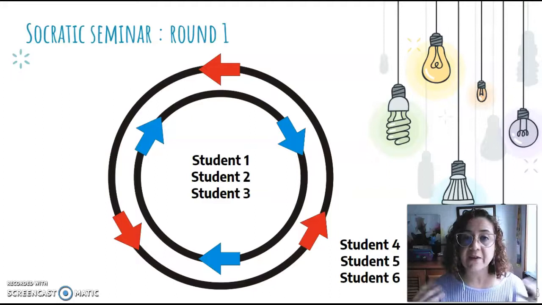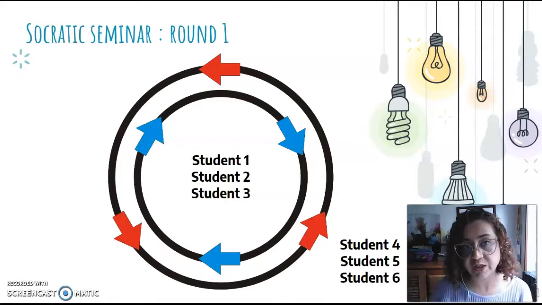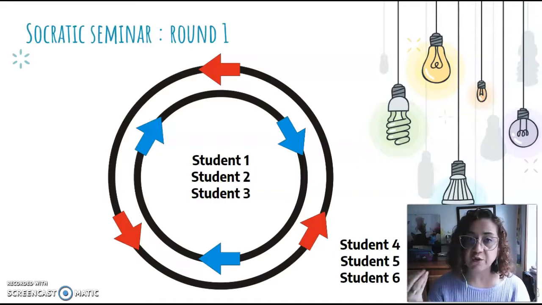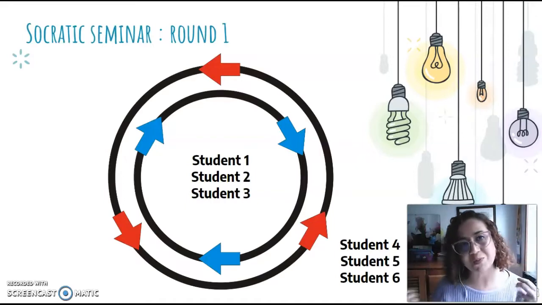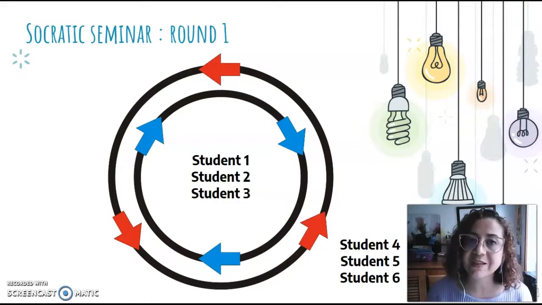So in a face-to-face classroom, what we would do would be to have students sitting down in two concentric circles. That's why you see the illustration on the screen. However, here on the online platform, we're still going to have two circles by having an assignation of who is in the inner circle and who is in the outer circle. During the face-to-face class, you are going to realize who is going to be where, okay?